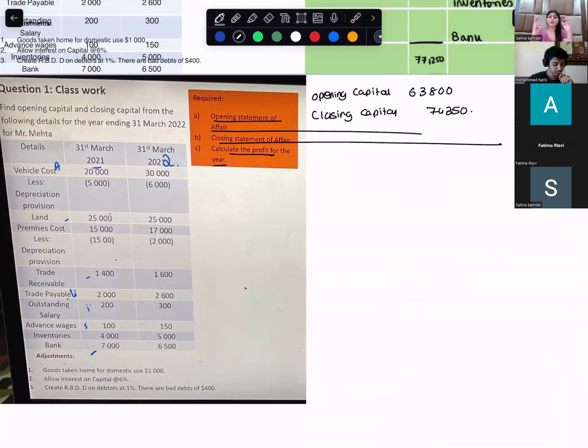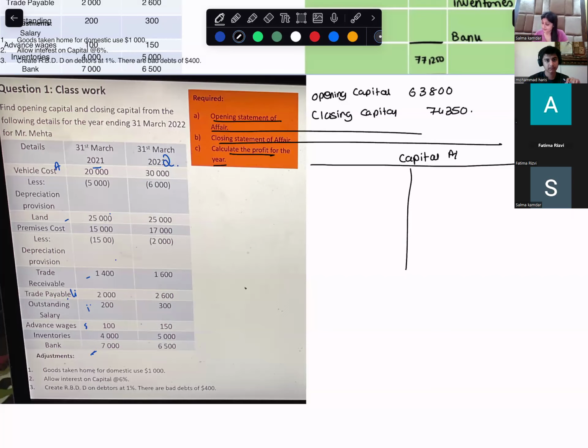I have told you that there are two ways to find out profit for the year. Either I can prepare an income statement, where I can use details about purchases and sales and find out profit, or I can make a capital account to find the profit for the year. If I make a capital account, where will I write my opening capital?